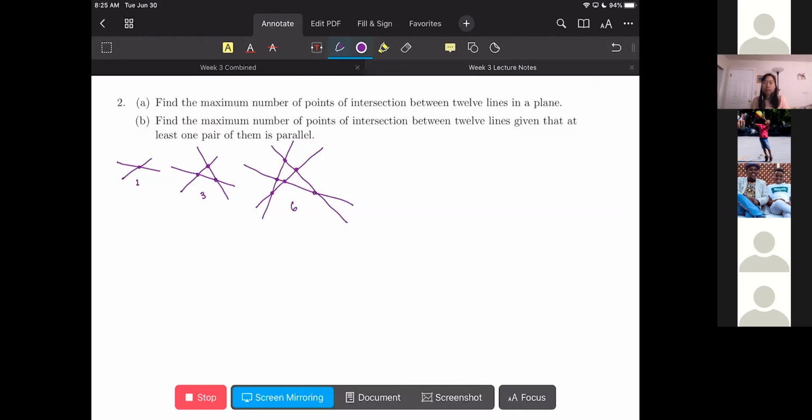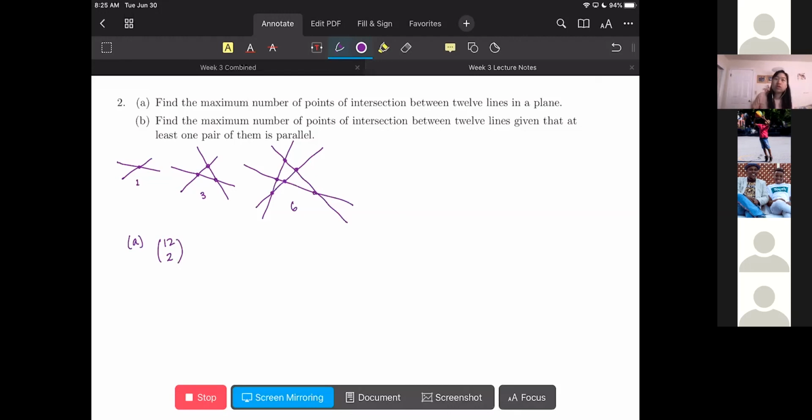We can try and sum the total combinations. So we can start with choosing 2 lines to intersect. So 12 choose 2 plus 12 choose 3, and so on and so forth. So you said we could start by choosing 2 lines to intersect. That's 12 choose 2.